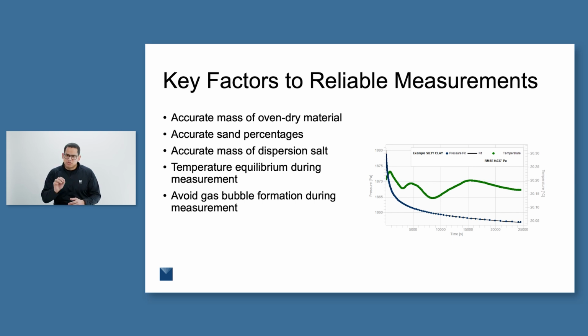We often see this more when you've had to pre-treat for organics, and sometimes if you haven't properly burned off all of the hydrogen peroxide, that can result in issues. But we can also see it if you don't pre-treat for organics and there's a lot of organic matter in there. The process of getting all of the particles in suspension can create bubbles in the water, which can also create issues during the measurement. So these are things that you're going to want to try to avoid.